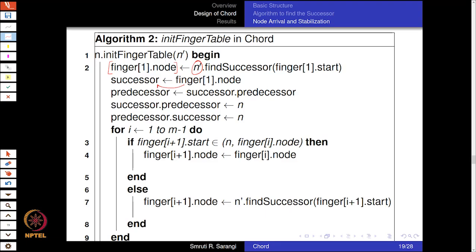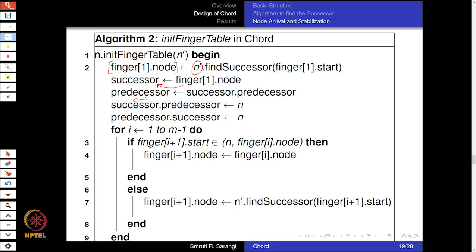As I said, every node maintains a pointer to its successor. So once n dash has found the successor for the first finger, that is also the successor of the current node, and that can be stored in the successor pointer.